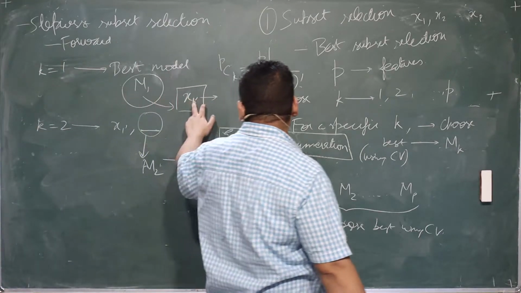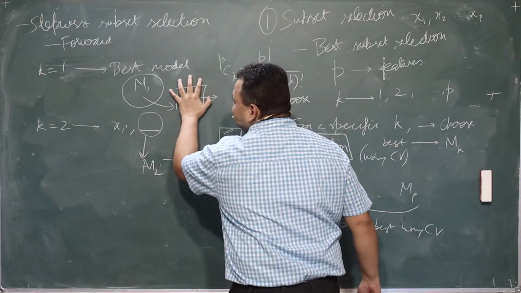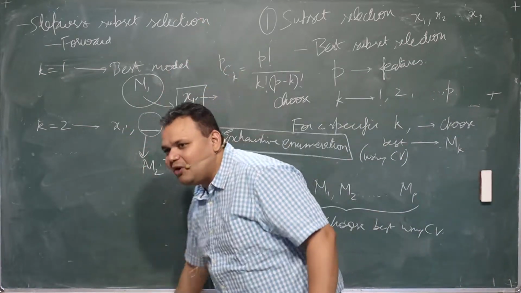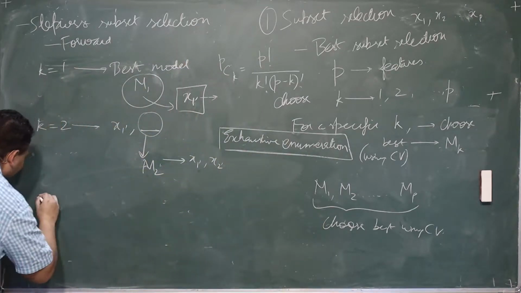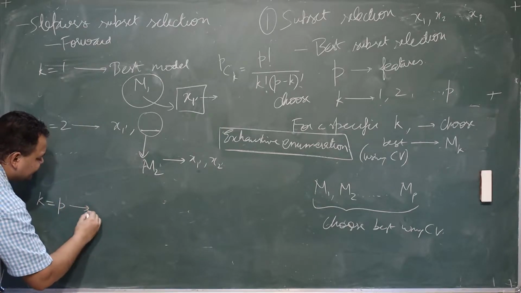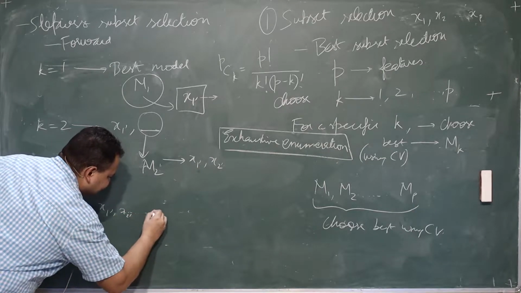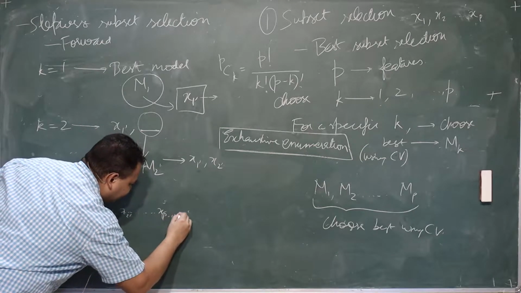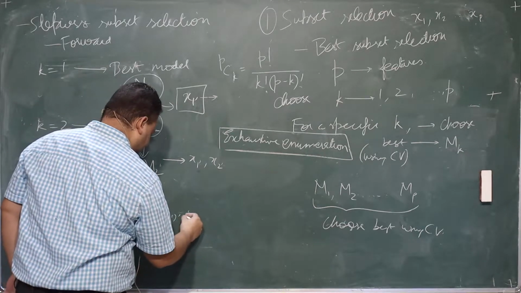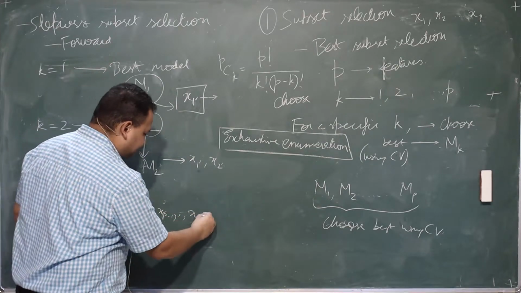Please understand that this x1 prime is the same as this x1 prime. The x1 prime, the model which was giving me the best accuracy in the first stage, is going to stay throughout. Finally we'll move to k is equal to P, which will give me x1 prime, x2 prime, up to xp minus 1 prime, and obviously xp prime, let's call that.